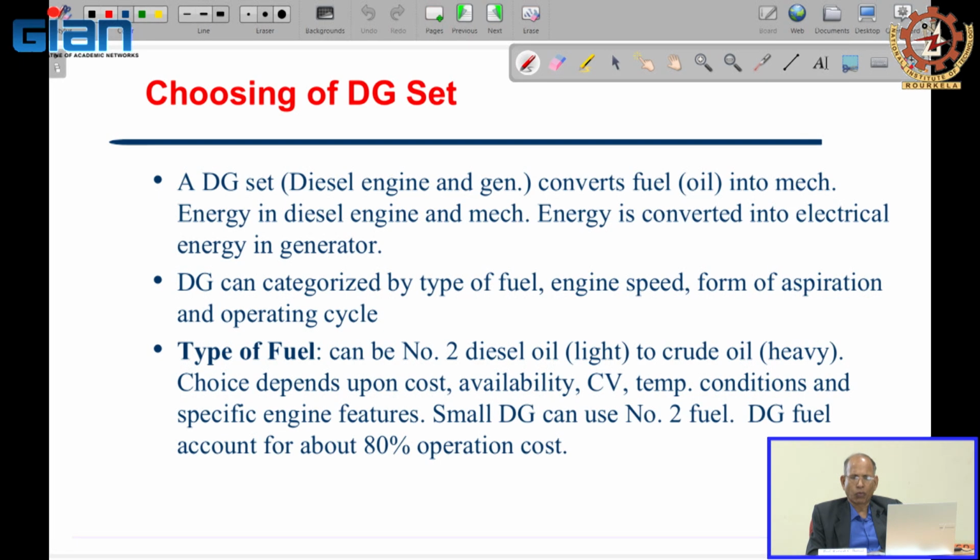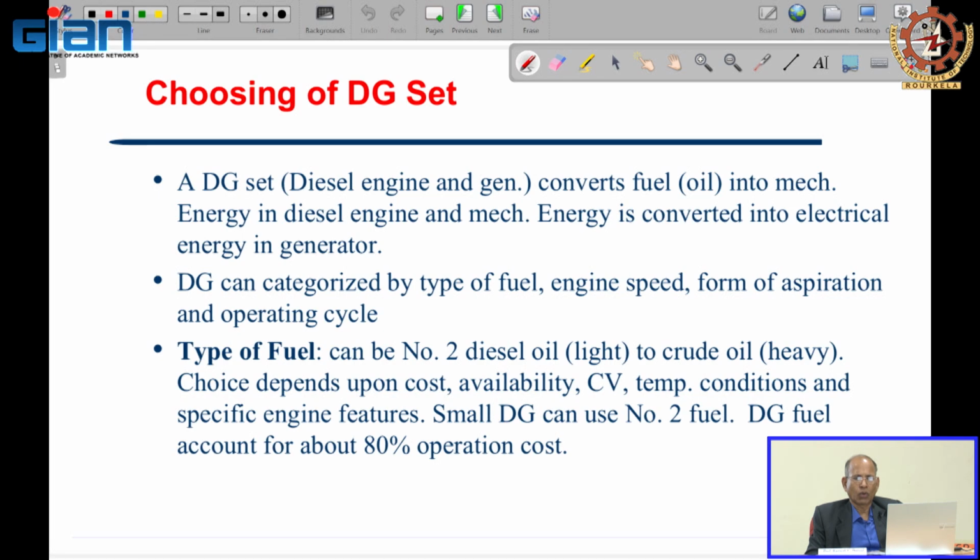Type of fuel can be like number 2 diesel oil, light oil, or you can have the crude oil, heavy oil. So, depending upon which type of fuel is available comparatively at what cost, which one performs comparatively better, that you may consider when you are selecting the appropriate type of diesel generator.